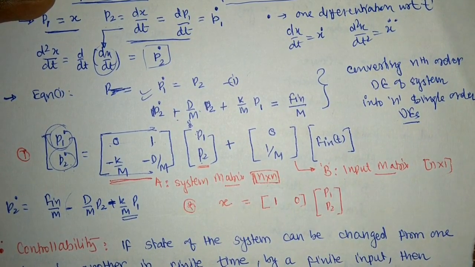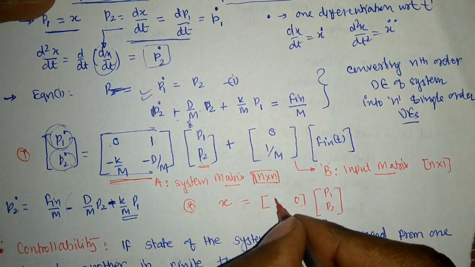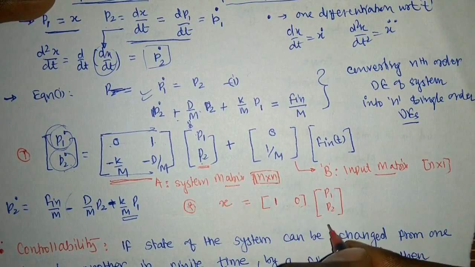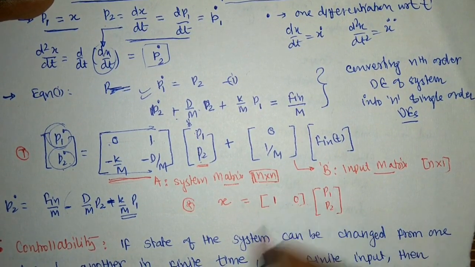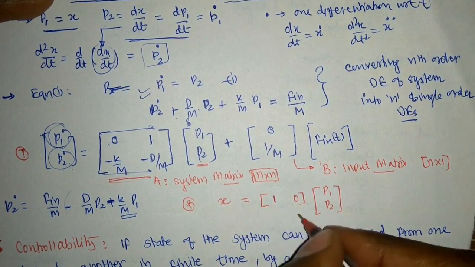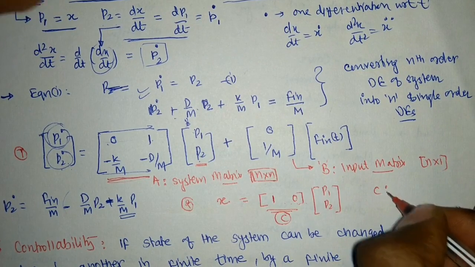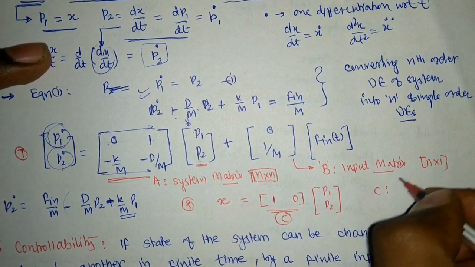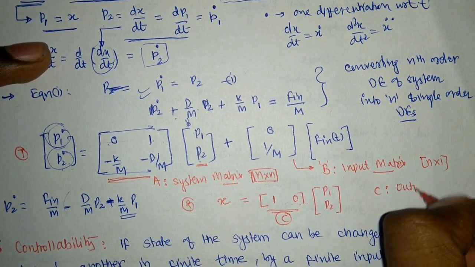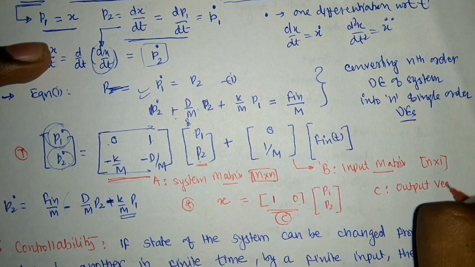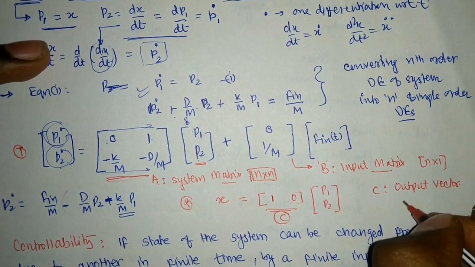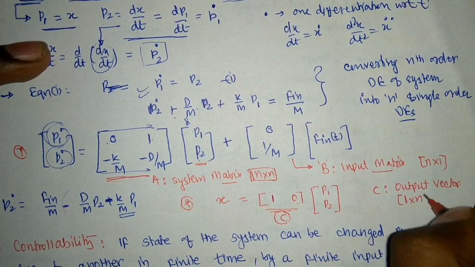It will always be in this format only. X will always have 1 here and then 0, 0, 0 with respect to all of them. Now this matrix is our C matrix. So C is known as the output vector, and this will always be in 1 cross n order, right?